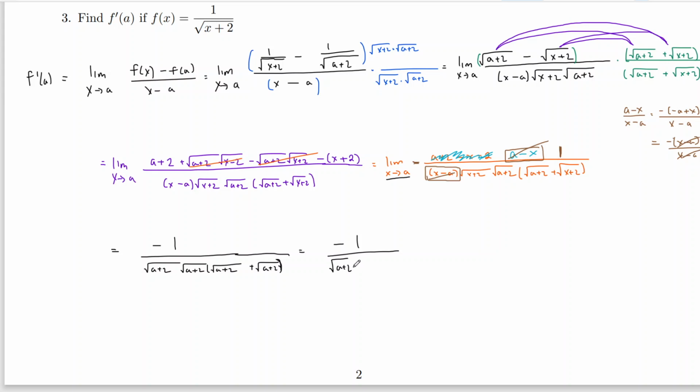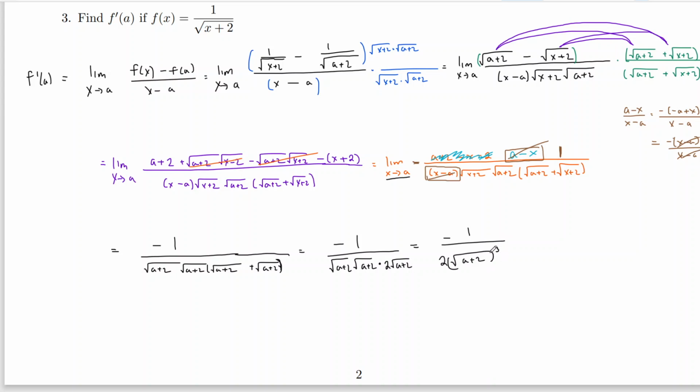We got the square root of a plus 2 times the square root of a plus 2, and then times 2 times the square root of a plus 2, because I have 2 of them inside. That's what the parentheses becomes. And now I can finally write my final answer. Negative 1 over, I have a 2. When we multiply something by itself 3 times, that's what we're going to get if we cube it. That's the square root of a plus 2 cubed.